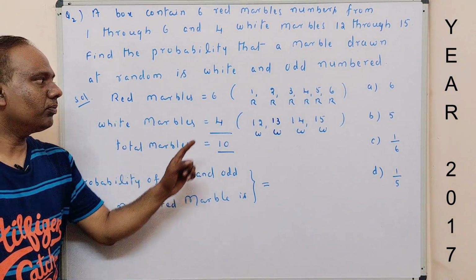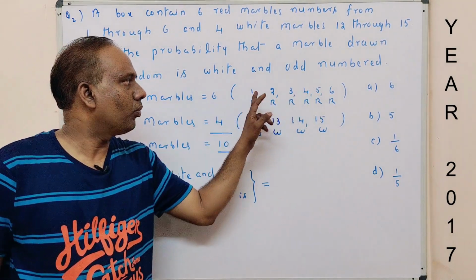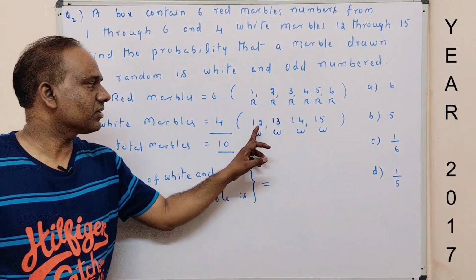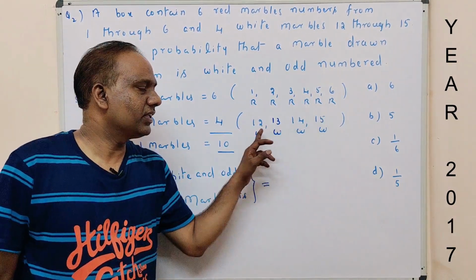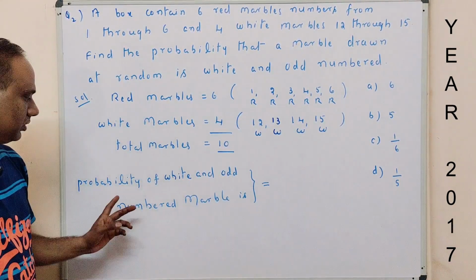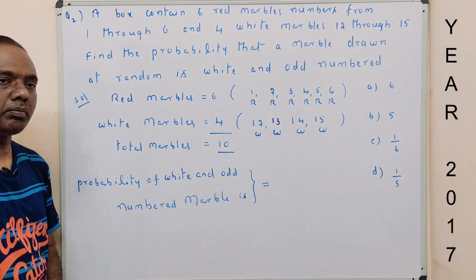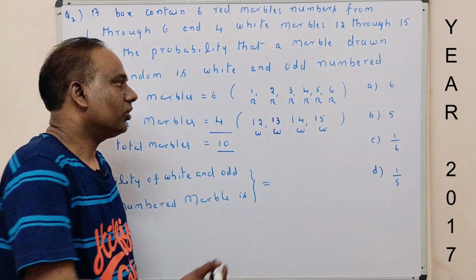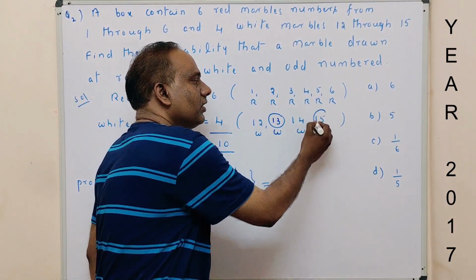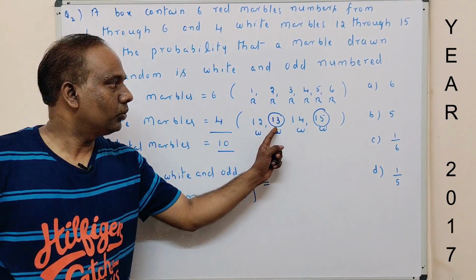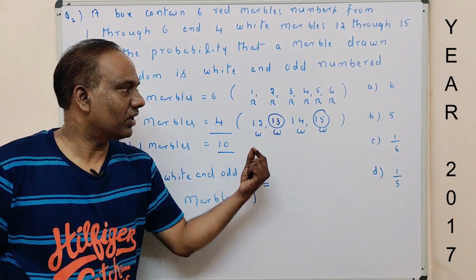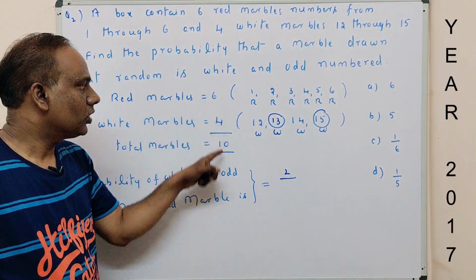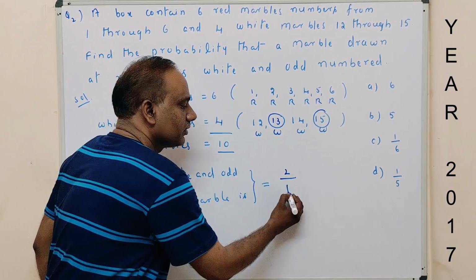So first of all, red marbles are 6, numbered 1, 2, 3, 4, 5, 6, and white marbles are 4, that is 12, 13, 14, 15. Now the probability of white and odd number. First of all, in the white marbles, the odd numbers are 13 and 15. So two white odd number marbles, and the total number of marbles is 10.